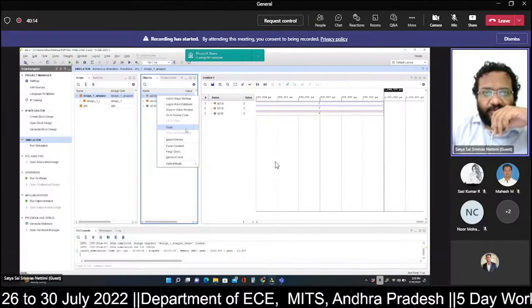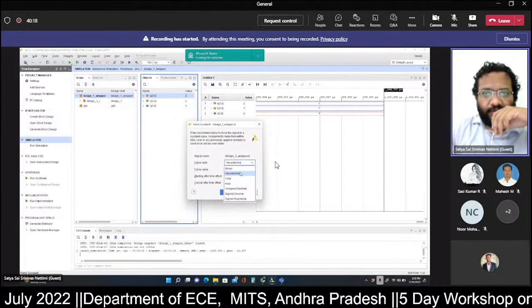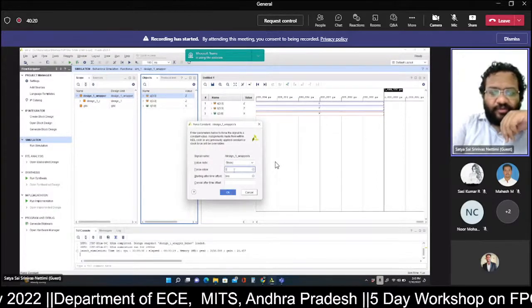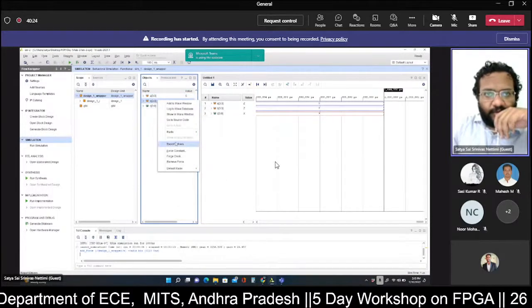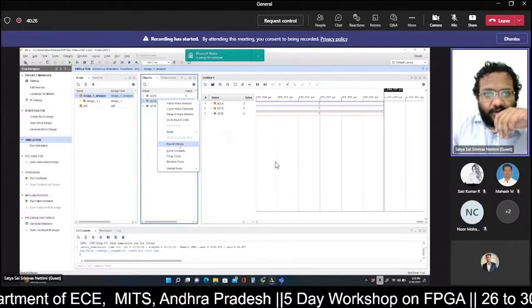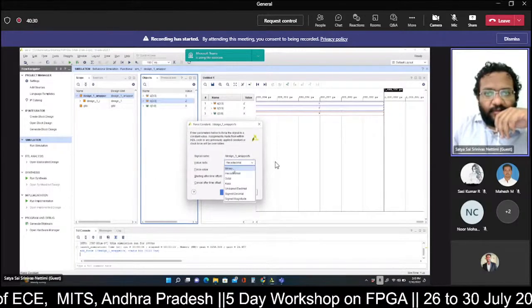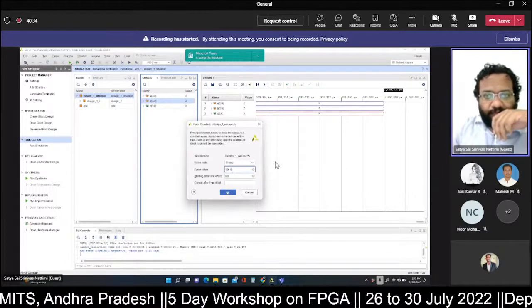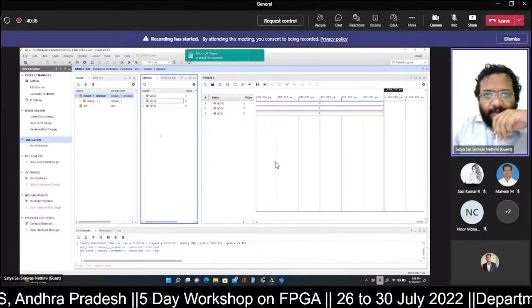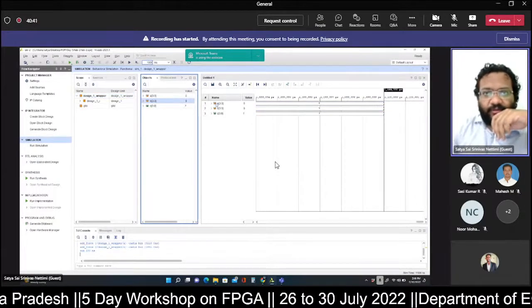I'll force it with a binary value 0110 and this is 1001. We'll run it for 100 nanoseconds.